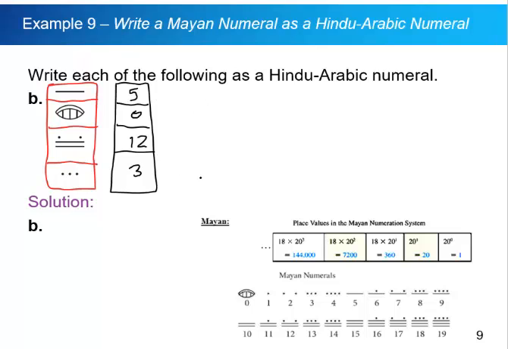And again, our place values go from the lowest, your 1s on the bottom, 20s, 360s, and then 7,200.